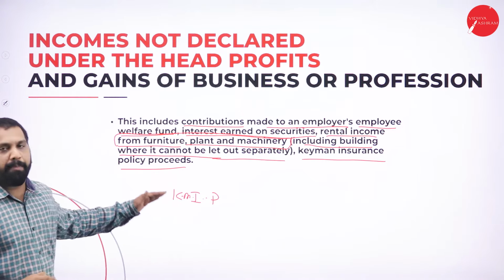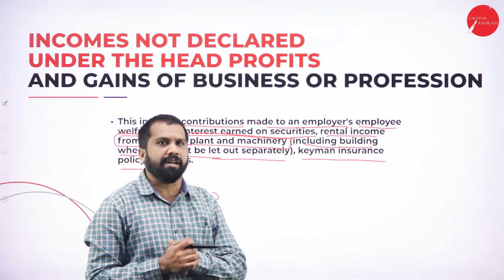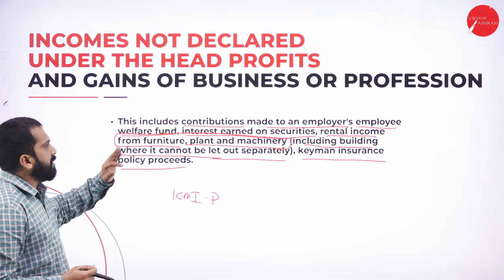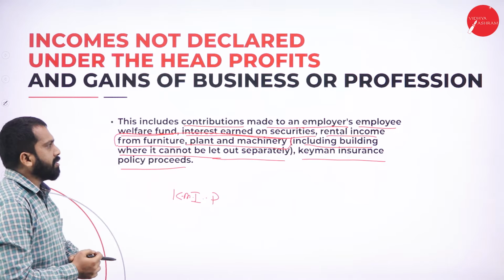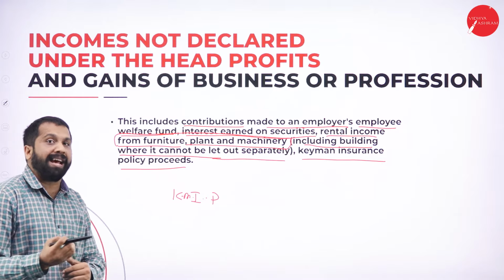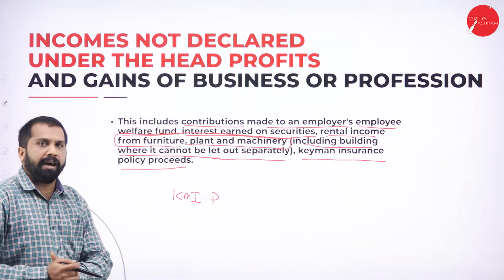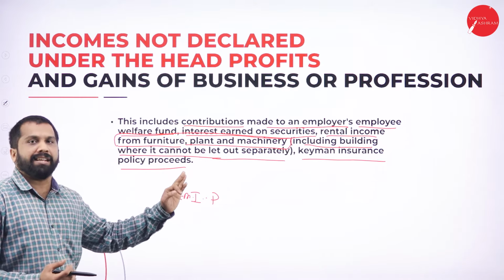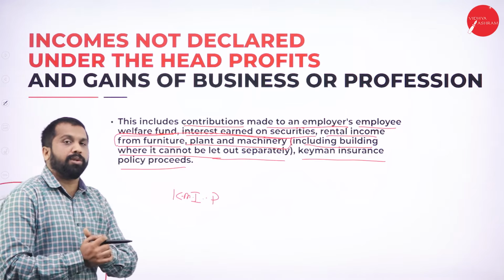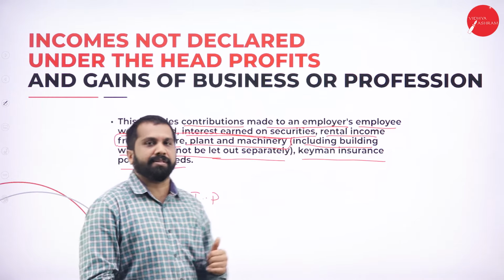So, any employee-related contribution comes under income from other sources. Few welfare funds, interest earned on security, rental income from giving plant and machinery on rent, all come under income from other sources. Your RPF and all is salary related. Other than RPF, few contributions are there. Those will come under your income from other sources.